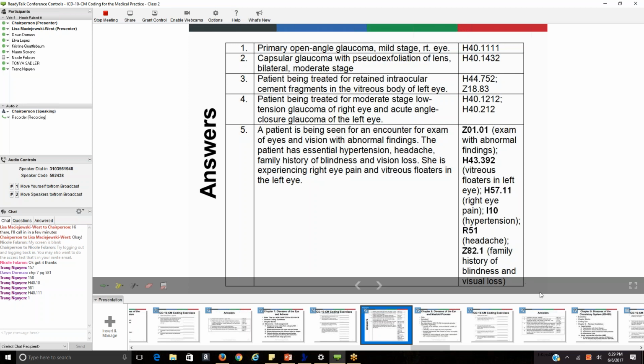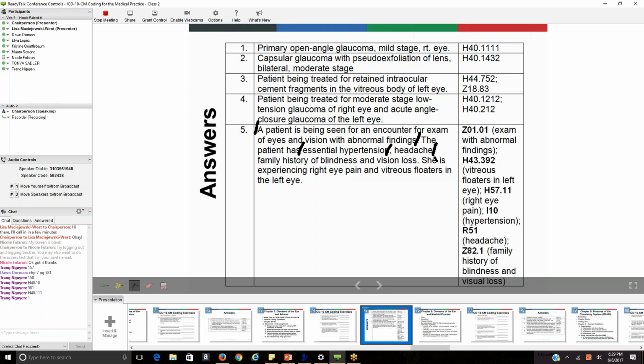So for example, let me see if I can demonstrate that with my pencil. Here we go. So I have a patient being seen for an encounter for exam of eyes and vision with abnormal findings. That's one diagnosis right there. Okay. The patient has essential hypertension. That's another one right there. Headache.